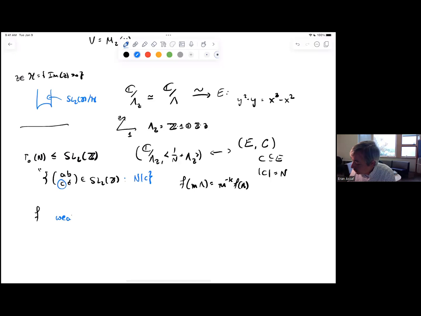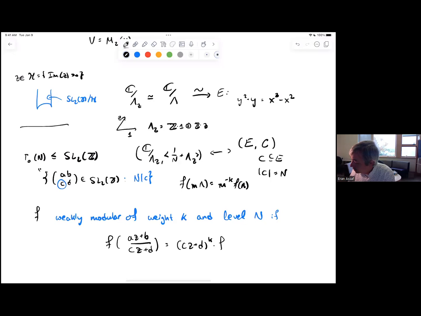And we say that F is weakly modular of weight K and level N if F of (AZ plus B) over (CZ plus D) is (CZ plus D) to the K times F of Z for all matrices in this group, gamma naught of N. Okay, so basically these are nice functions on the moduli space of elliptic curves.